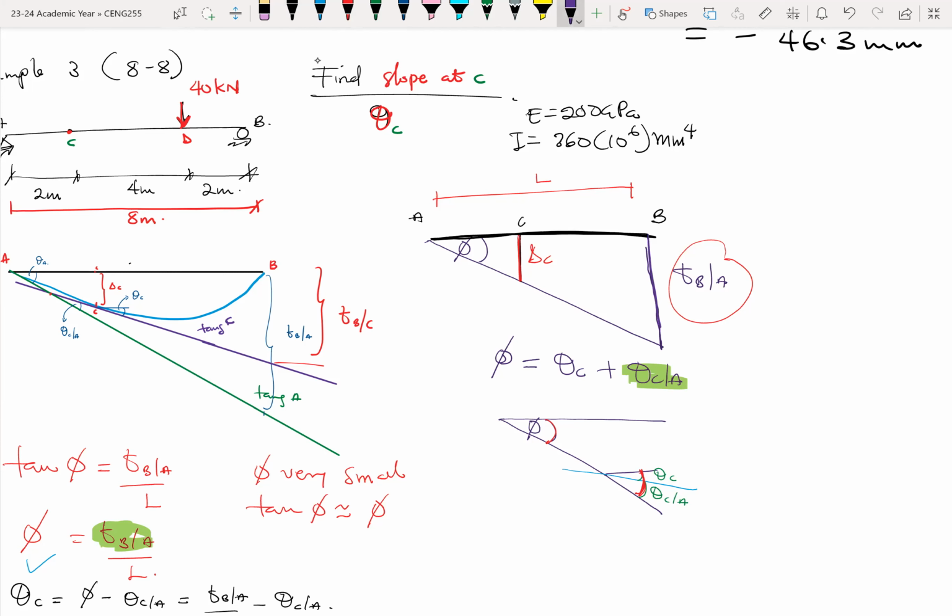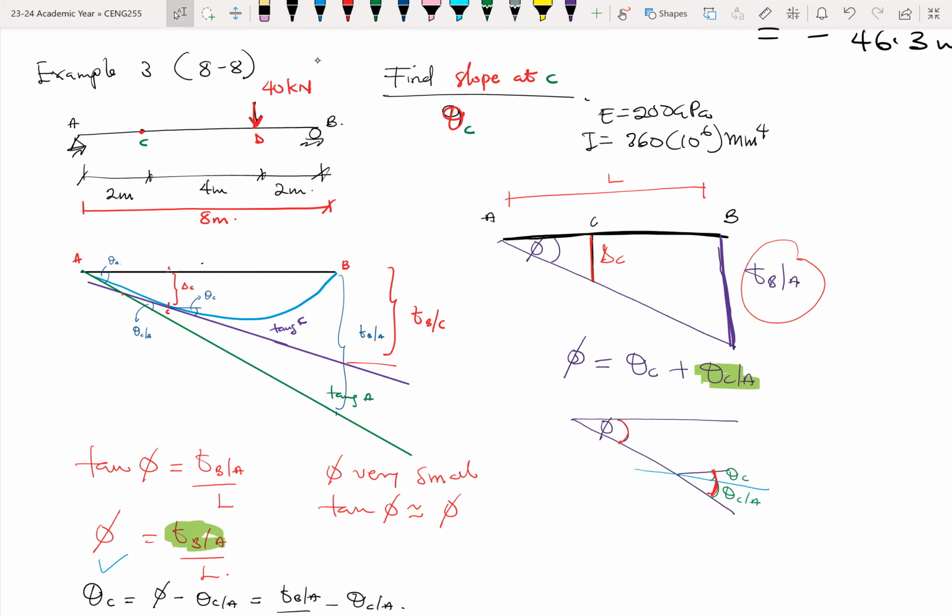Then I have here the vertical deviation TBA. And then I have, let me just change the color, this is tangent A. Okay. Let me take this one away. I don't need that over here.